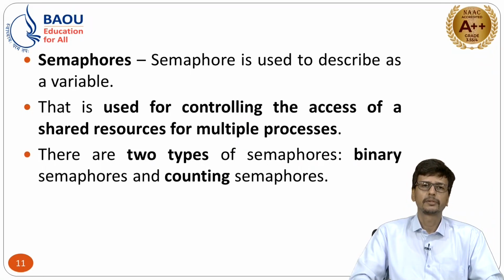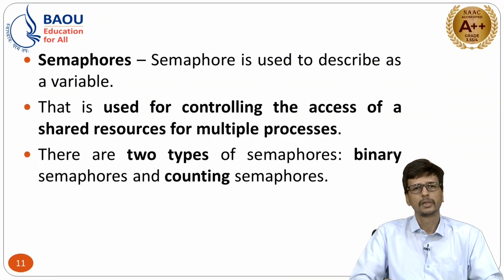So there is one solution, the semaphore variable, by which you can lock a particular resource. Whenever one process uses that resource by locking it, another process has to wait until the first process finishes executing with the help of that shared resource.